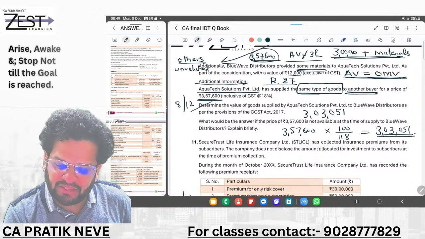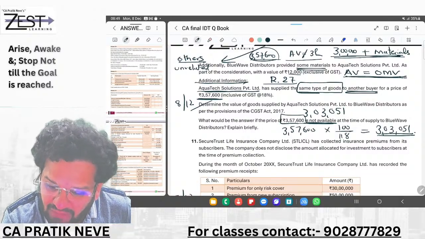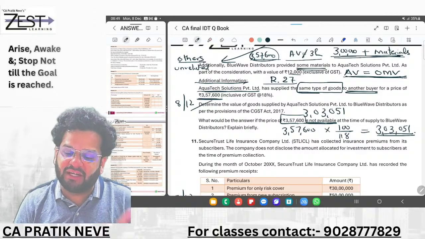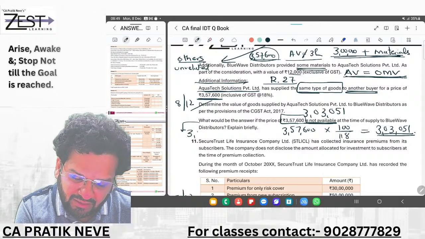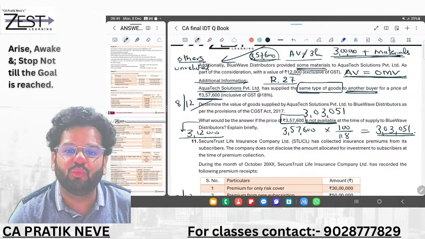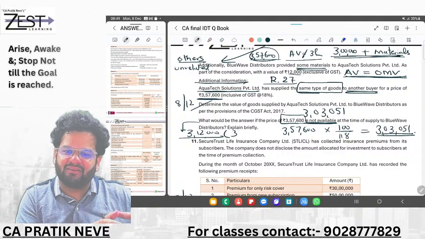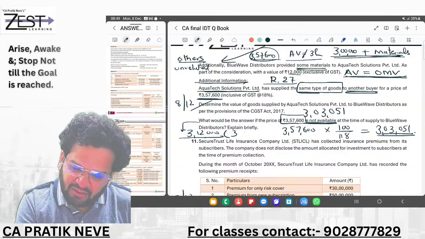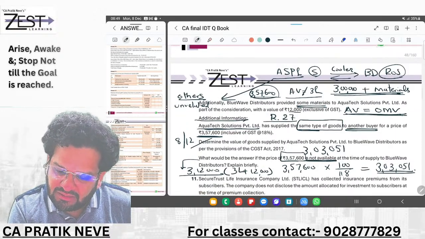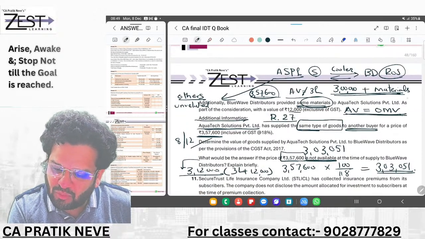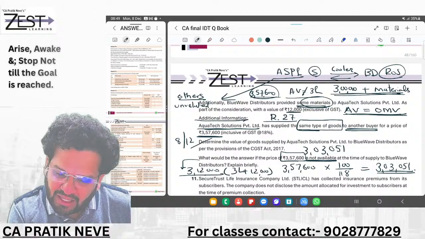And what would be the answer if price of 357,600 is not available? No problem. If that is not available, then assessable value will be 3,12,000. Ask me how. 3 lakh is the price, it's a transaction value, and 12,000 is the value of material. Can you see? It's the value of material which is provided by the recipient of supply to the supplier.